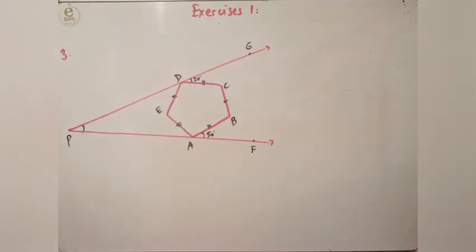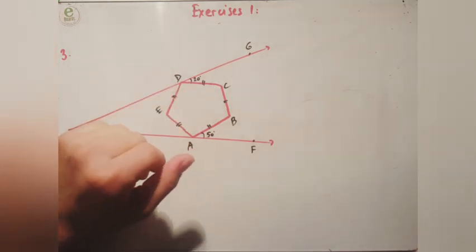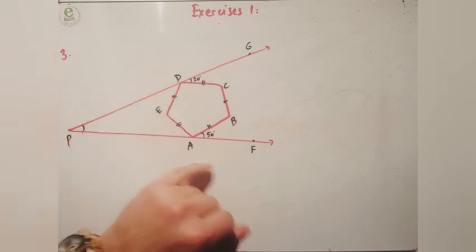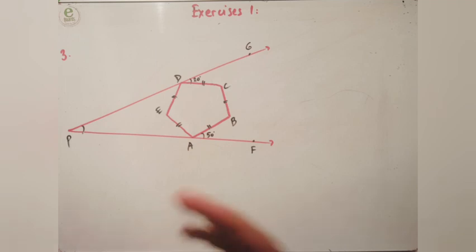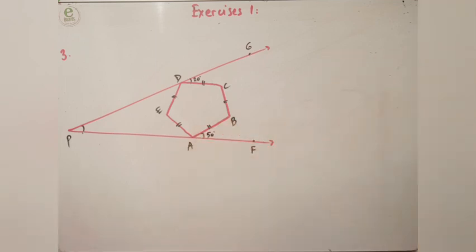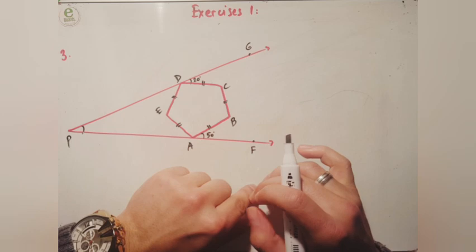For the next question, in the figure, points P, A, F and P, D, G are collinear triples, meaning that they are on the same line. If ABCDE is a regular pentagon, we are going to find the measure of angle APD. As a regular pentagon, all sides are equal, all interior measures are equal. So how can we find each interior measure of this regular pentagon?